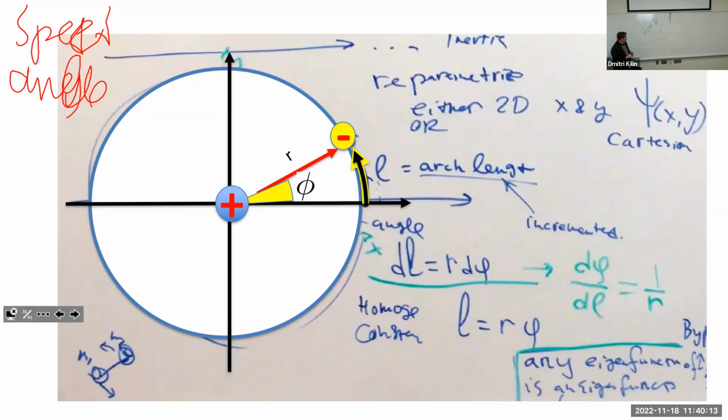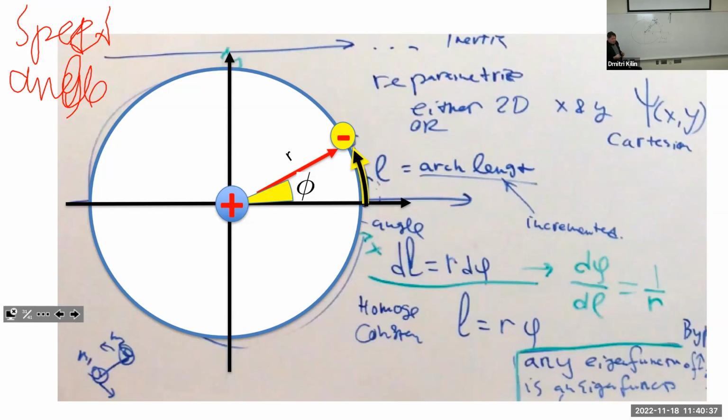And dL equals r d phi. So this little distance that the sling or HCl has rotated is the distance between them times the little angle.